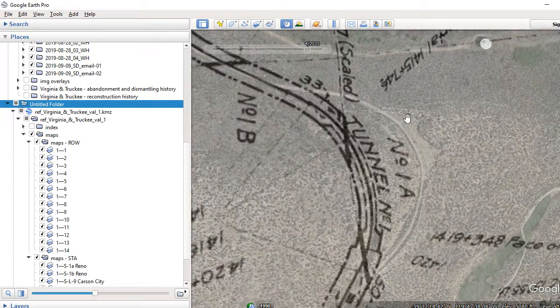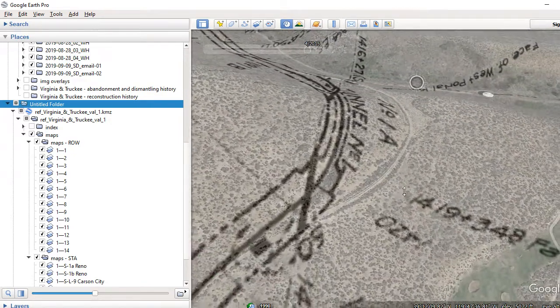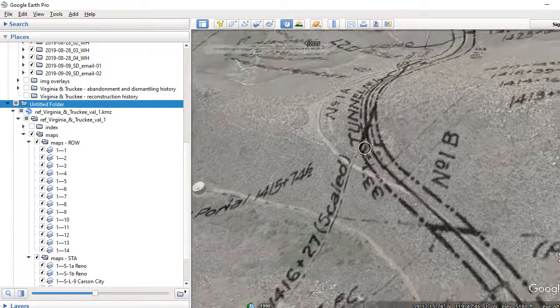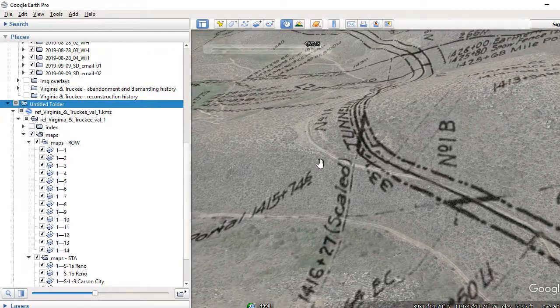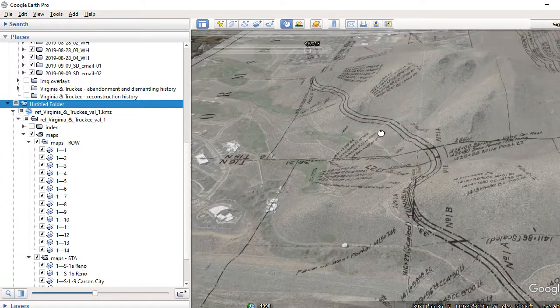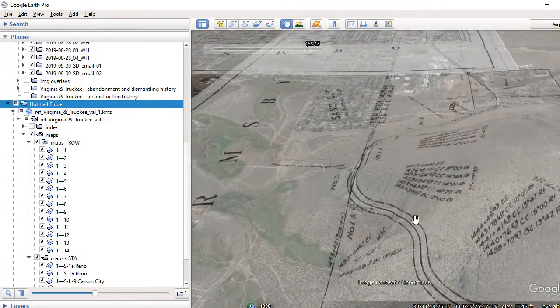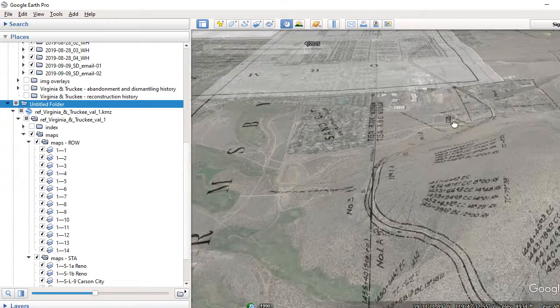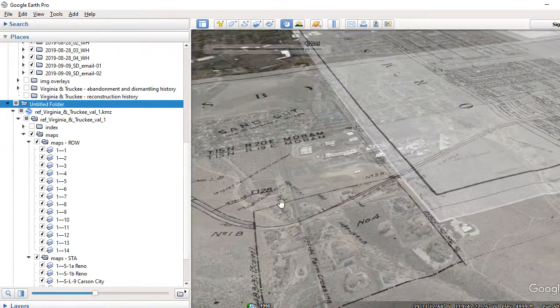So that's a situation where interpretation of the situation on the ground versus the map is not entirely transparent until you have that information, the information that something happened later that explains what we're seeing.